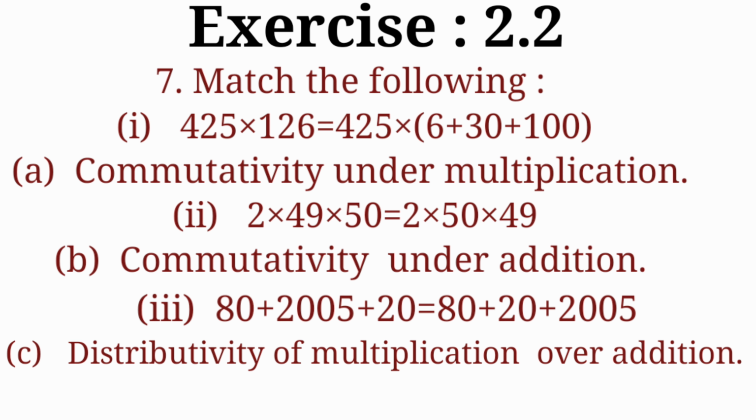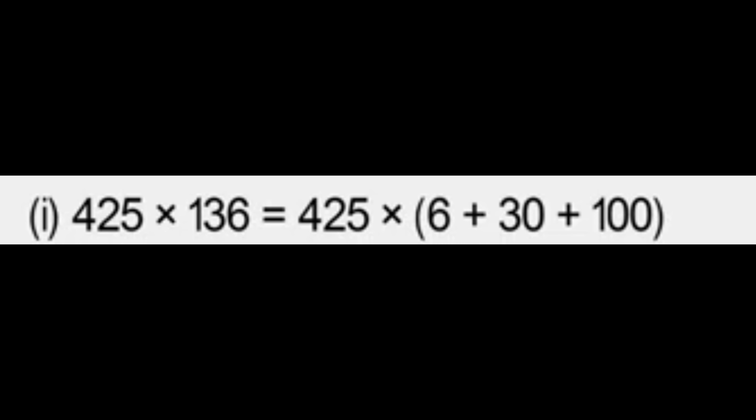The first part is 425 into 136, which is equal to 425 into, in the bracket, 6 plus 30 plus 100. Yes, you can see that 136 we have divided into 3 parts, 6 plus 30 plus 100. So after that when we solve this question, the outside term will be distributed to each and every term present inside the bracket.